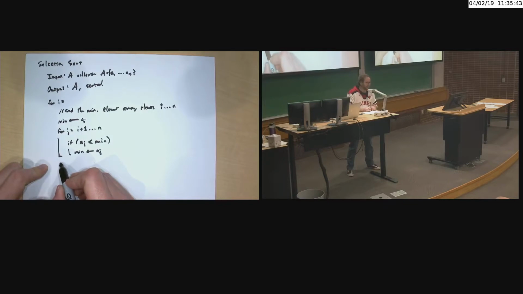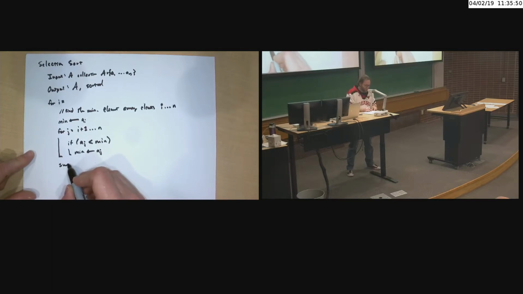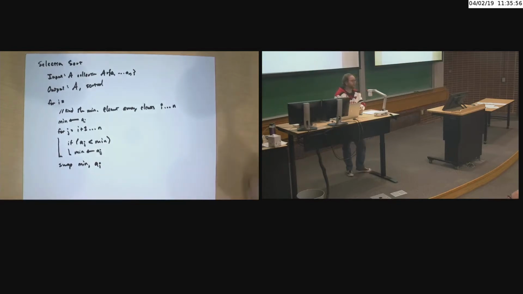So to do that, indexing, do you have random access? I don't know. I don't care. Swap a min and a sub I. If you were to actually write this in code, you'd have to come up maybe with a temporary variable. Int t is equal to a sub I, then a sub I is equal to min, then min is equal to t, right?